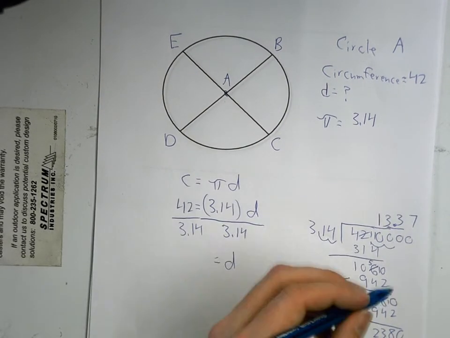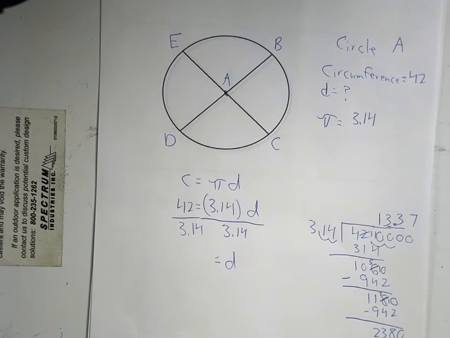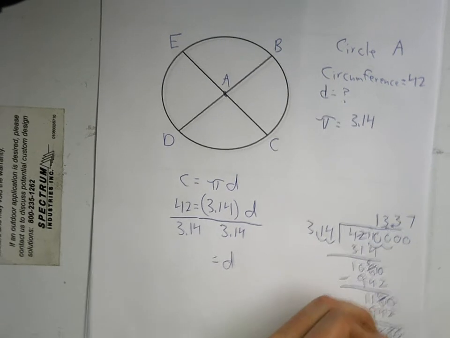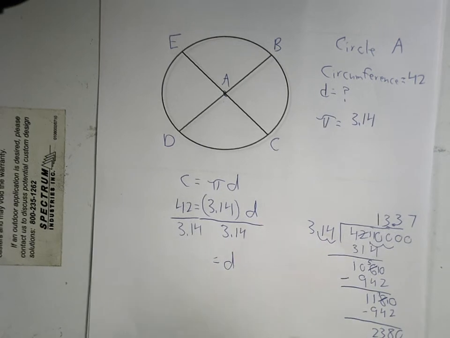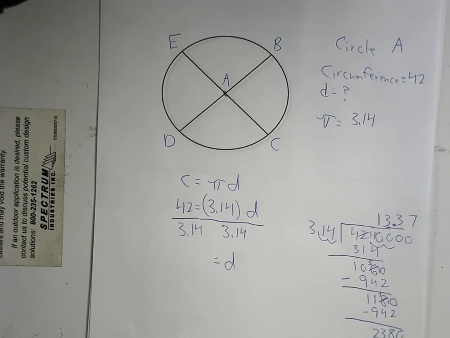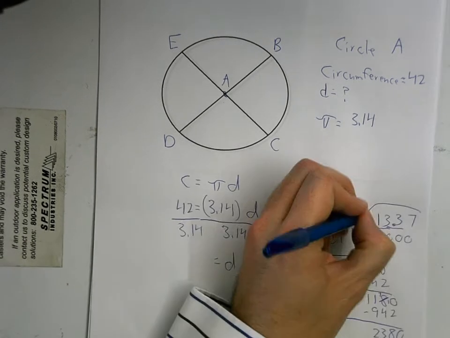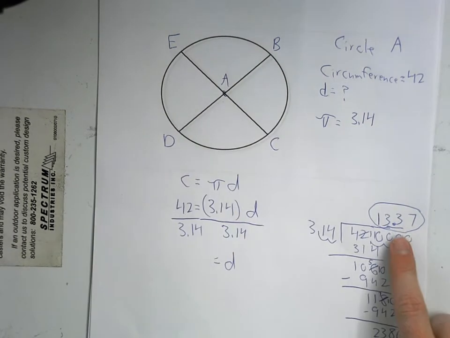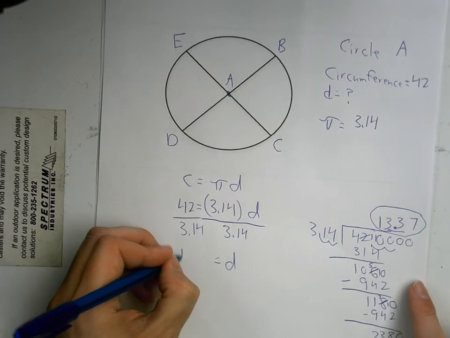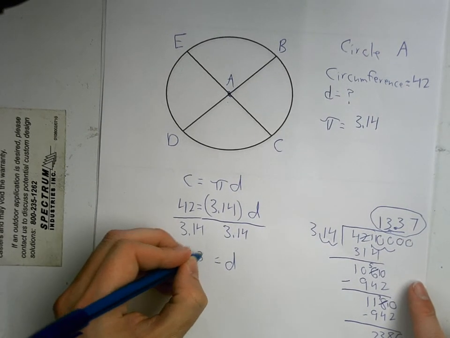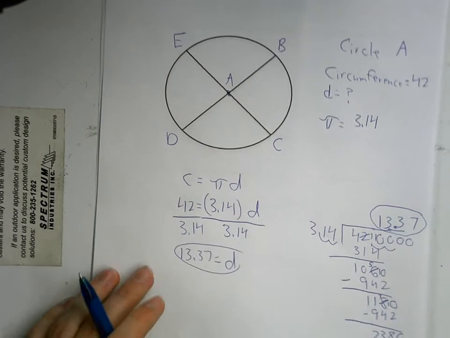So 314 times 7 is going to be 2198. And we know how to subtract 2380 minus 2198. It's going to come out to be 182. So basically, our diameter is going to be 13.37. Okay?